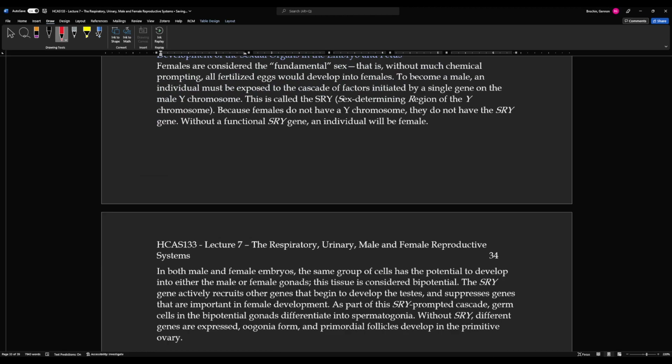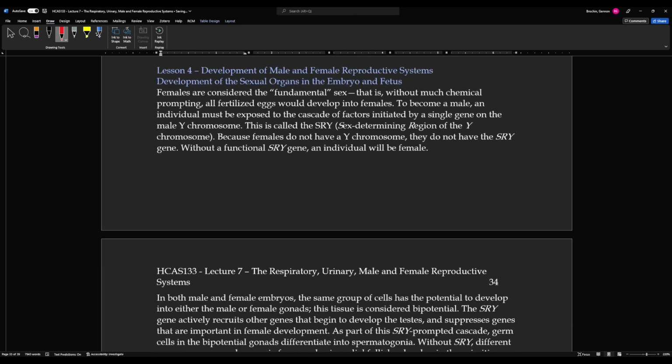The last final thing to discuss for this week is the development of the male-female reproductive differentiation of the embryo. The female biologic sex is considered the default, and there are chemical signalings that occur to cause a shift to male.